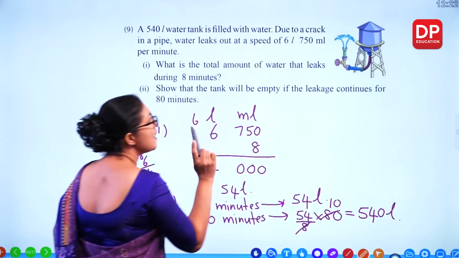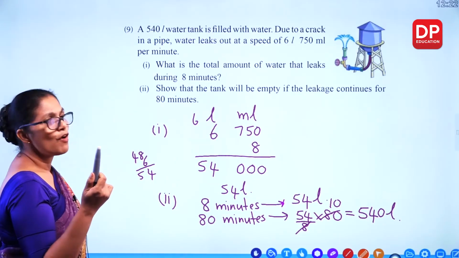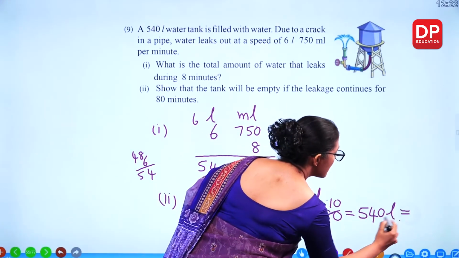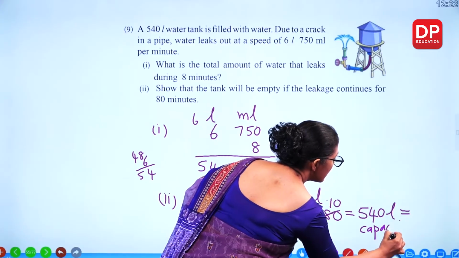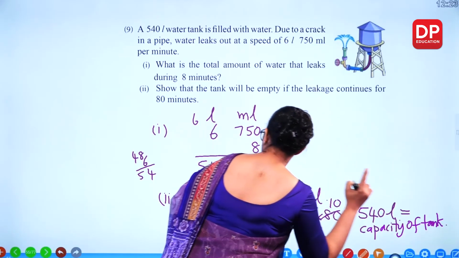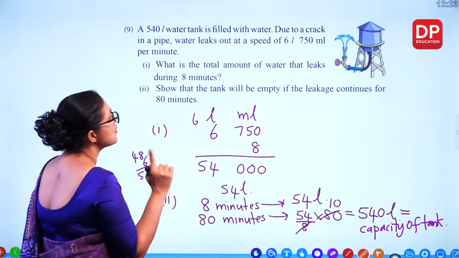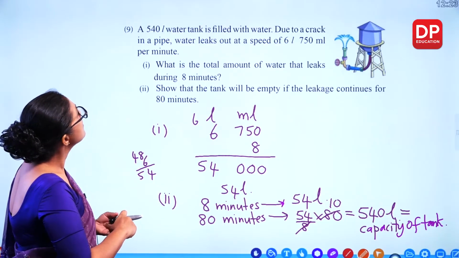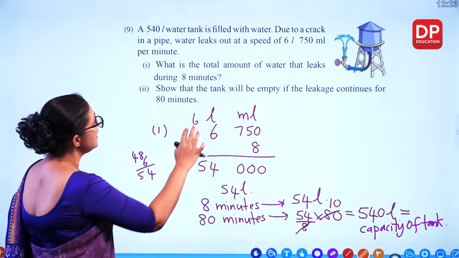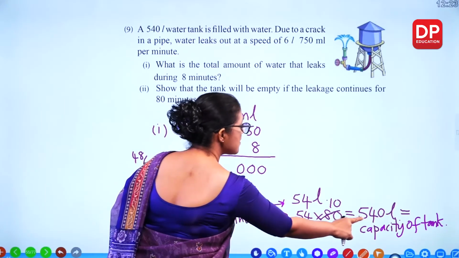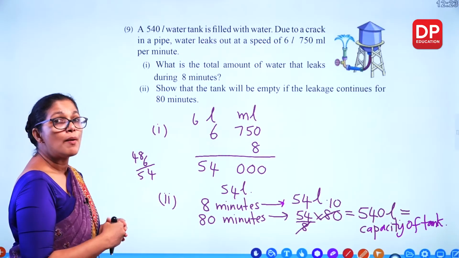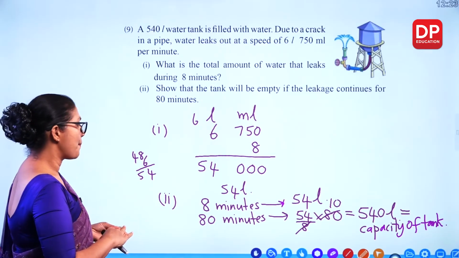Now, what's the capacity of the tank? 540. So we can show that this is equal to the capacity of the tank. That means after 80 minutes, the tank will be empty. So all the water leaks and you get 0 water there. The capacity of the tank is the same as the amount of water leaked here.